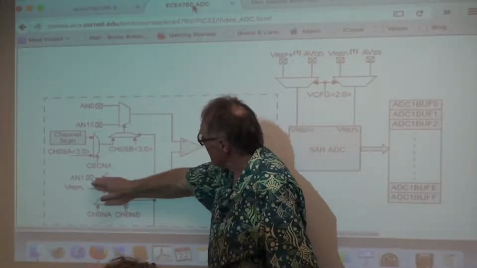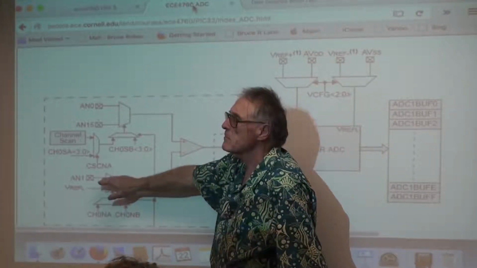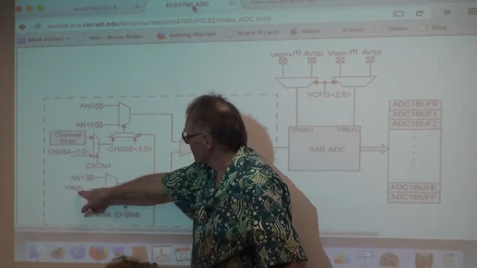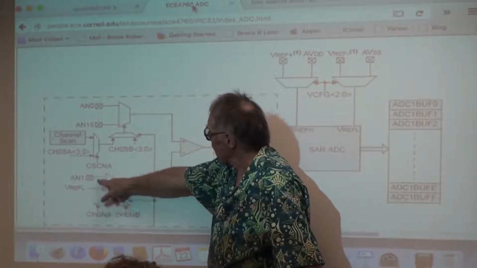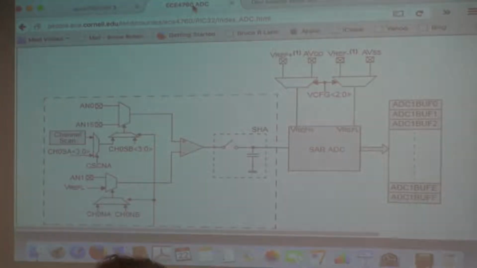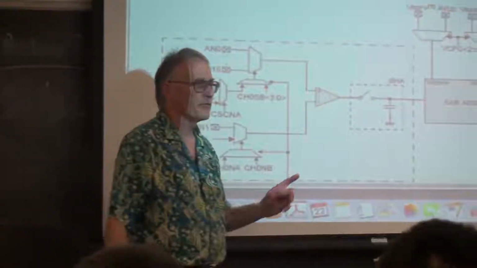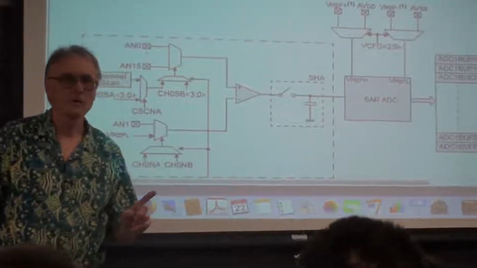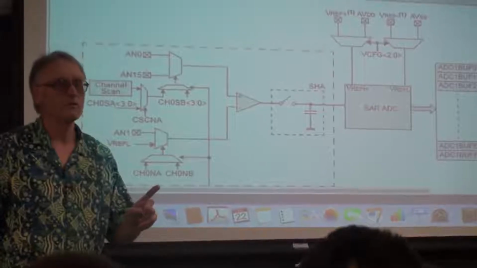And then there's a reference input, which can be set either to VReference low or to analog input 1. If you hook analog input 1 to the reference, then you have made a difference amplifier here, allowing you to measure differential voltages.